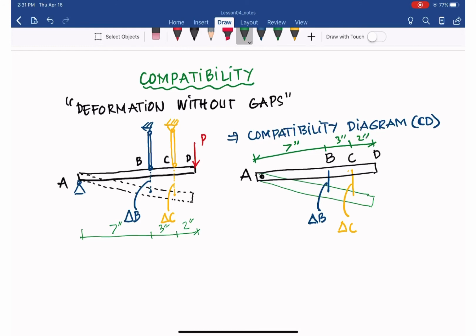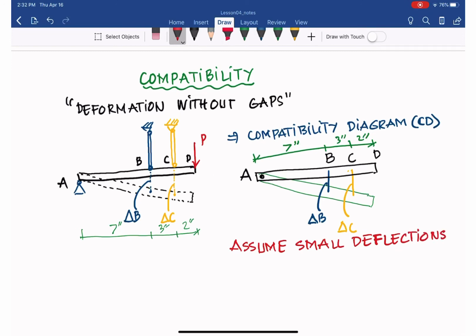From that, we can assume small deflection, which is a reasonable assumption in engineering structures, because you don't want to get into a building or structure with too much deflection.